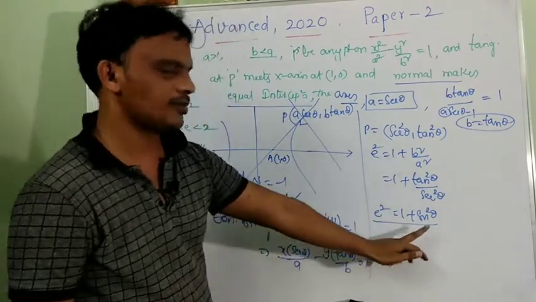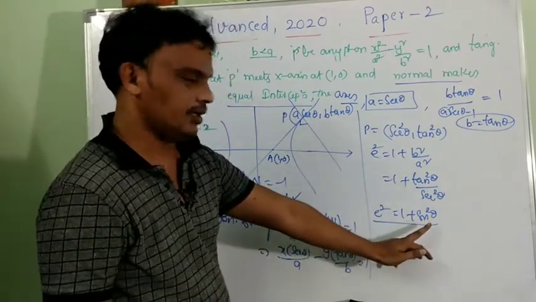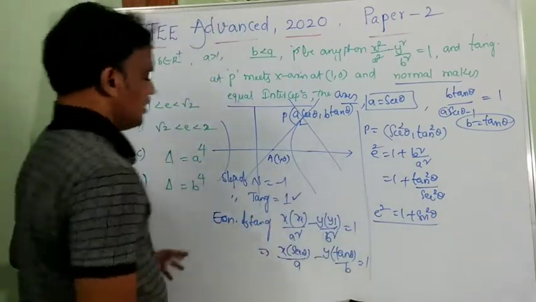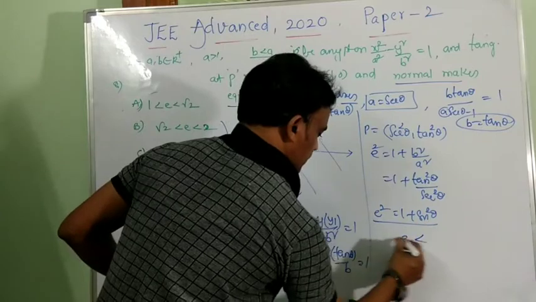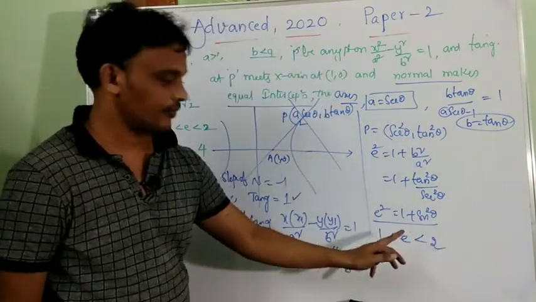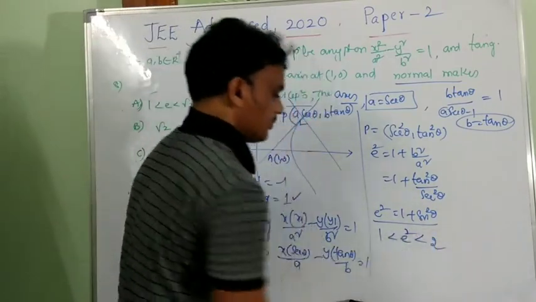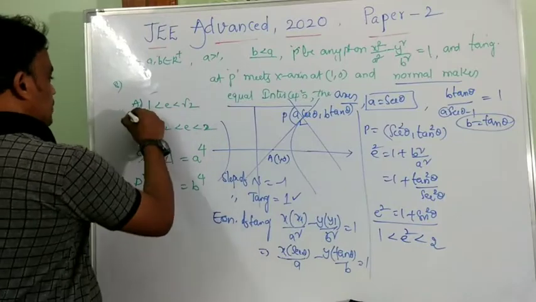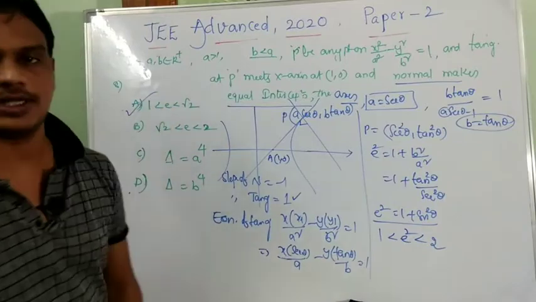Sin square theta has minimum value 0 and maximum value 1. So the condition: E square lies between 1 and 2. Then E value lies between 1 and root 2. That's your first option.